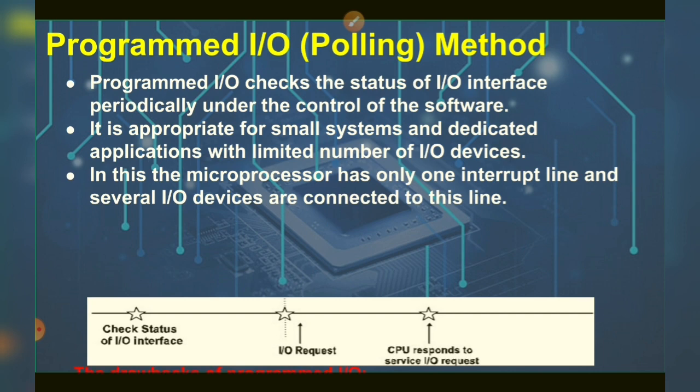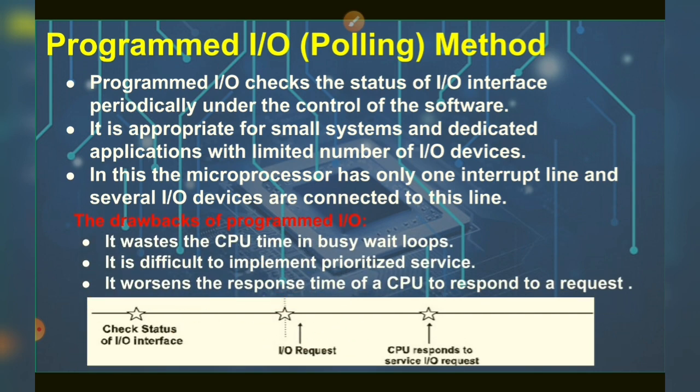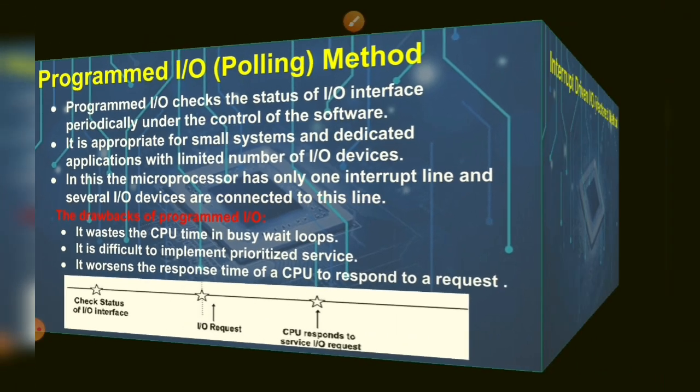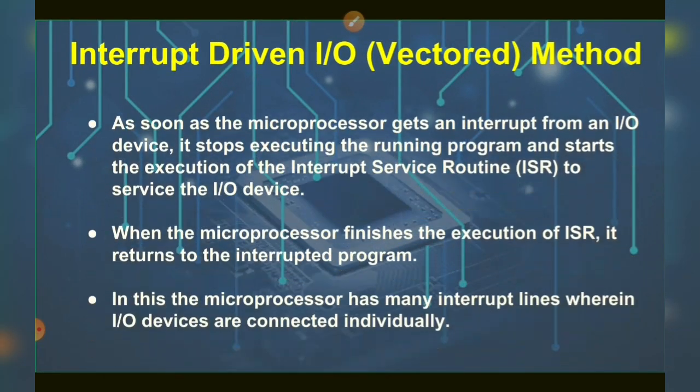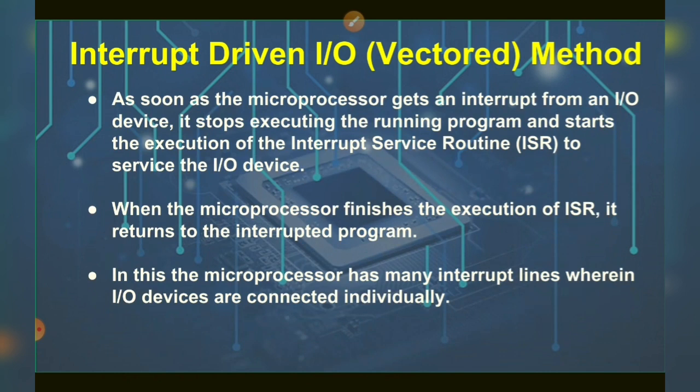But this method had major drawbacks, like the MPU wasting its time in asking all devices, devices having no priority in getting serviced, and delay in responses to a requesting device. The better option for communicating devices was to use an interrupt-driven method. Interrupt-driven method is also known as vectored method.